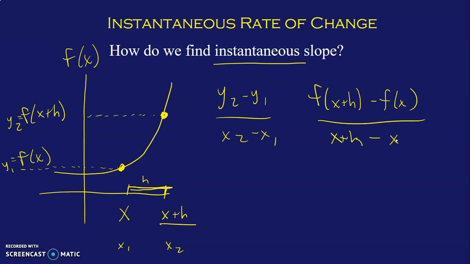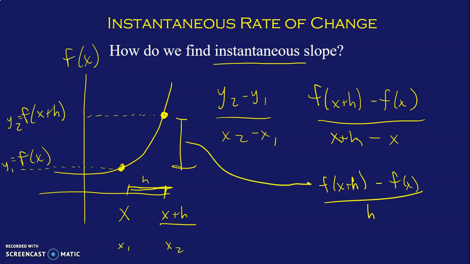And then we have x plus h minus x, so these x's could cancel out, which would just be f of x plus h minus f of x over h, which is basically just saying take this distance, so subtract those two, and divide it by the x distance, which is h.